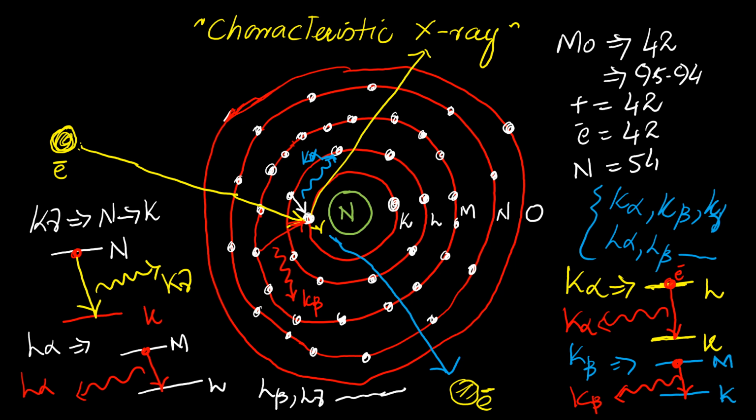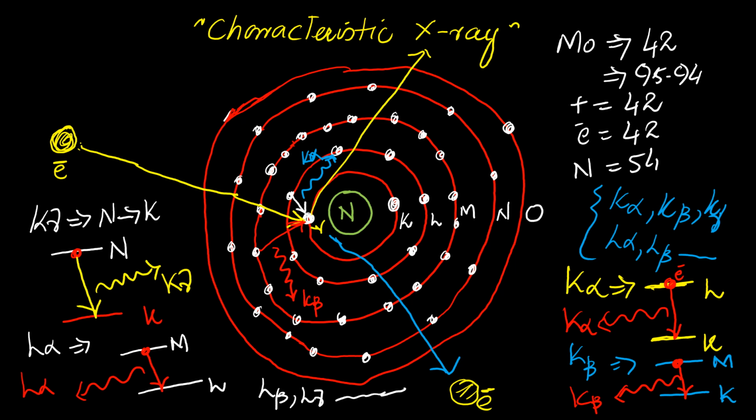This is all about X-rays. X-rays are produced in a glow discharge tube or in a cathode ray tube whenever highly energetic electrons are incident on the surface of a metallic anode, and due to interaction they release highly energetic X-rays in the form of characteristic as well as continuous X-rays.